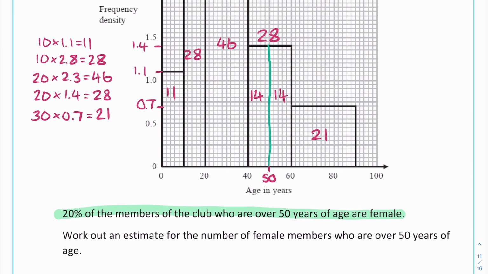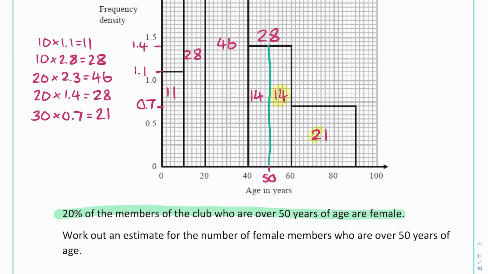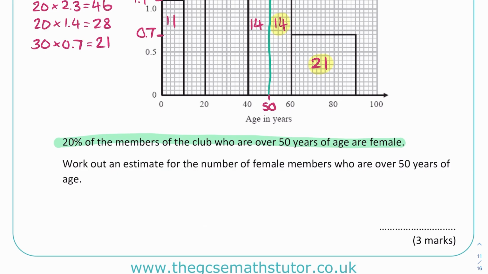So above 50 years of age, we've got 14 plus the 21. We've got 14 there, 21, so there are 35 people over 50 years of age.